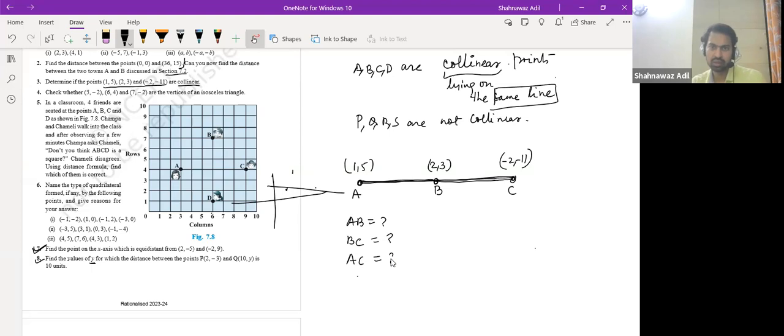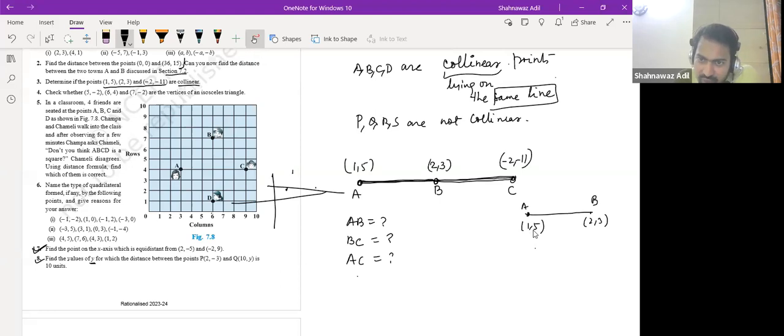In this question, there are three coordinates, right? There is x1, y1, x2, y2. For AB, we have A and B. So this is (1, 5) and this is (2, 3).